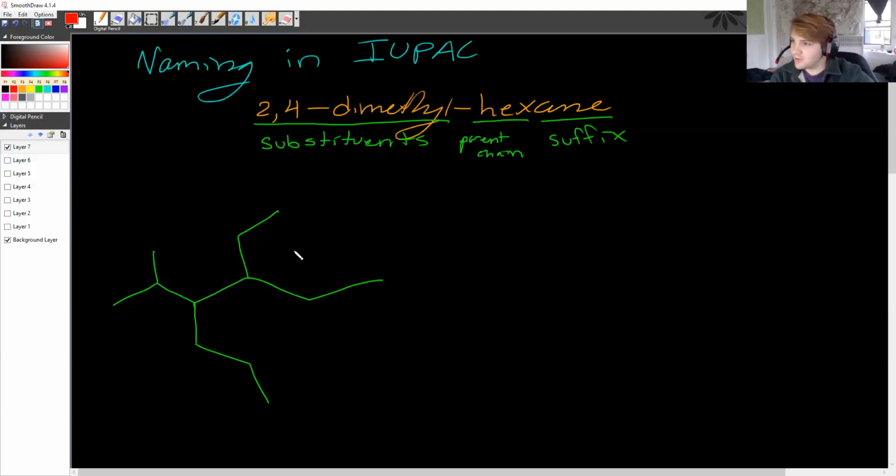Then we'll go through a couple of octane ones, but I want to give you a fun one. My steps for doing naming in IUPAC, and this same system will be the same as we get to more and more complex naming, is first step is to identify the parent chain.